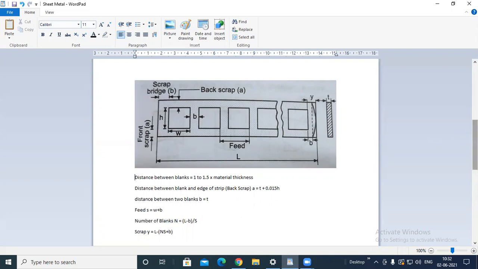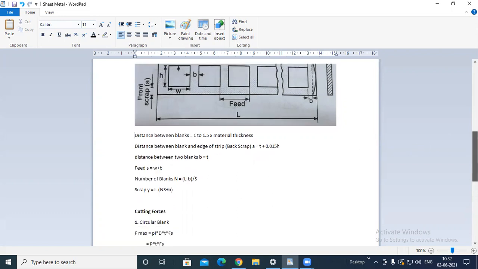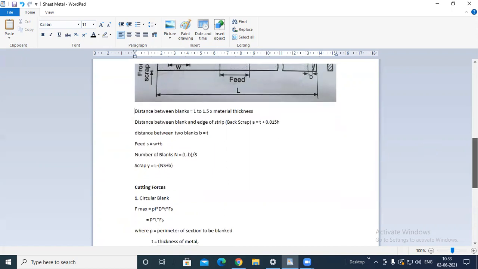Okay, so suppose the blank is circular, at that time the formula is F max equal to pi d t into Fs, or you can also write sigma s over here. Now here pi d is nothing but the perimeter, that is P into T into sigma s. P is the perimeter of the section which is to be blanked.